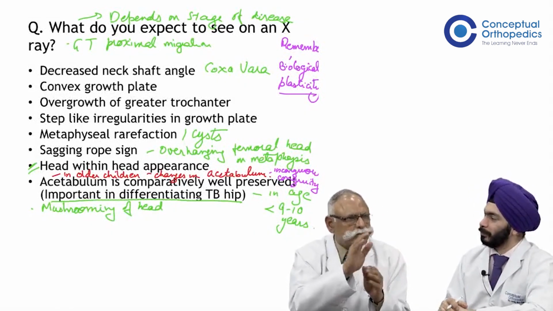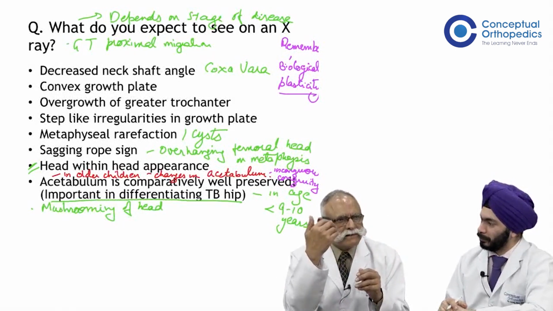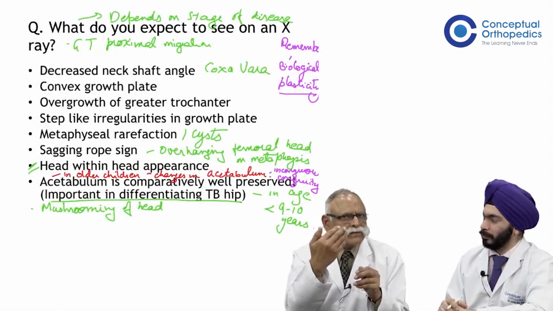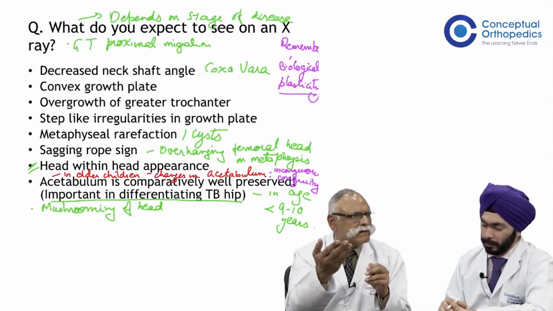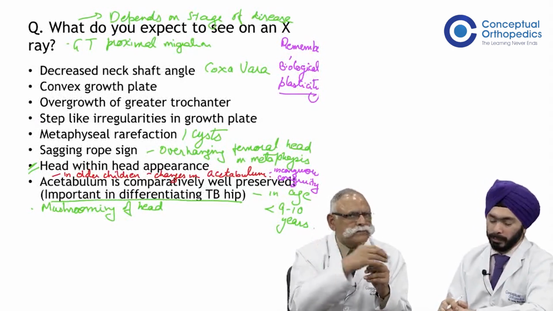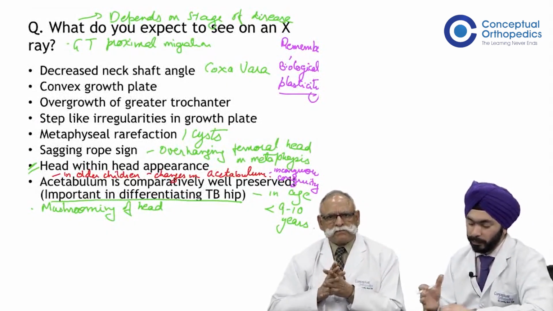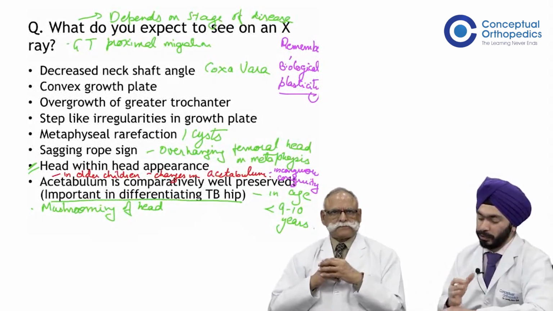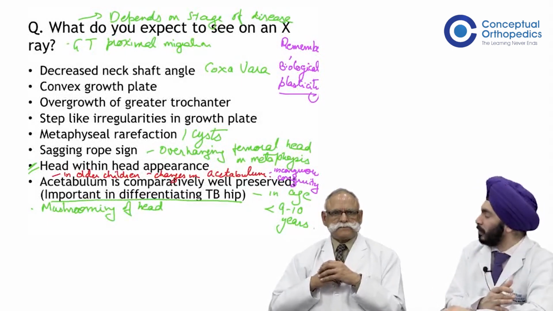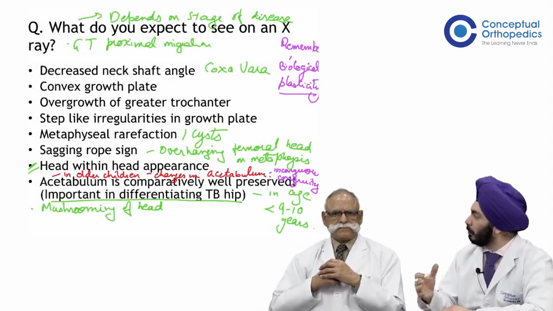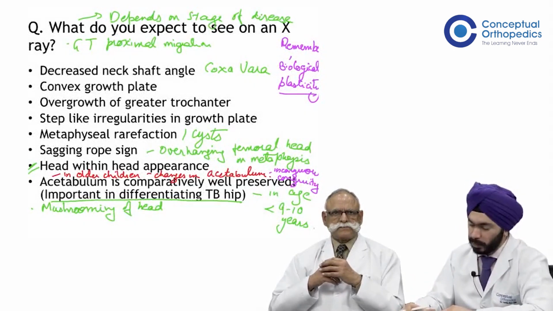However, it is not true in later age, that is beyond 12 years of age group. So remember on X-ray, acetabulum involvement is an important differentiating feature between early Perthes and tuberculosis of the hip. And tuberculosis will have early involvement of the acetabulum also.